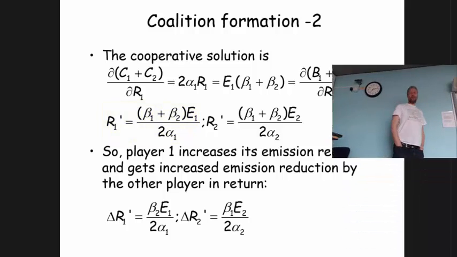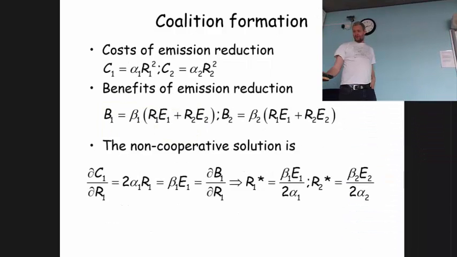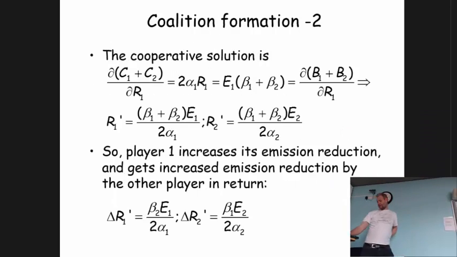So essentially, we go back to the non-cooperative solution, which is beta 1 times E1 over 2 alpha 1. The cooperative solution is beta 1 plus beta 2 times E1 over 2 alpha 1. So the difference between cooperation and non-cooperation is the beta 2.